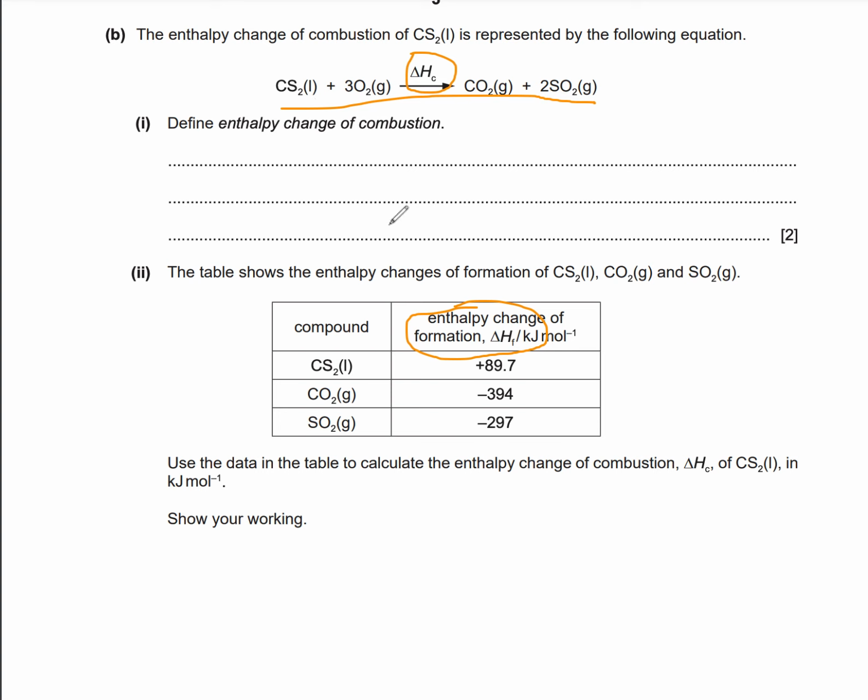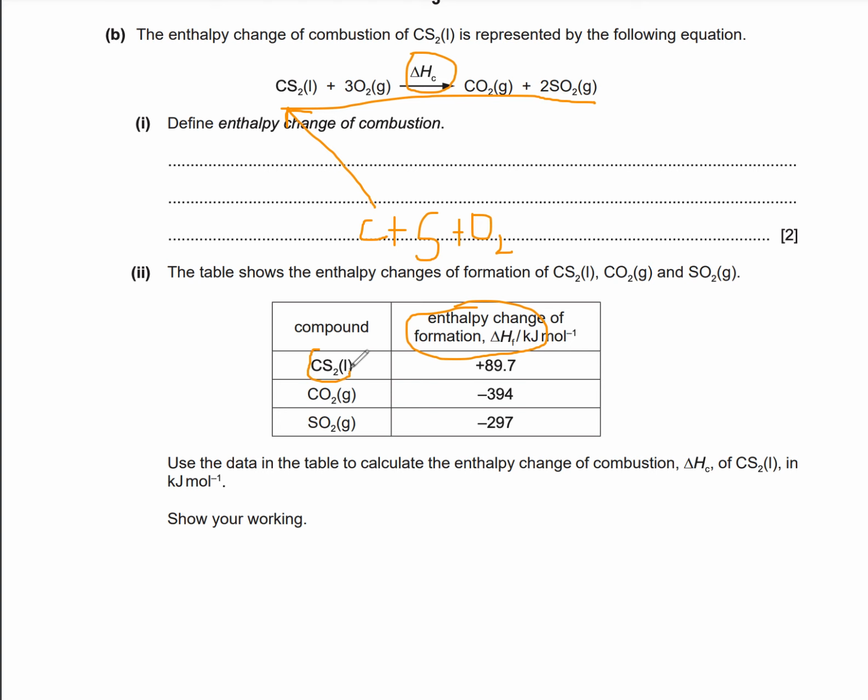Now if I write the elements over here, carbon plus sulfur, and oxygen, and that's it. Okay, so over here this carbon and sulfur react to produce CS2, and that's how CS2 is formed.